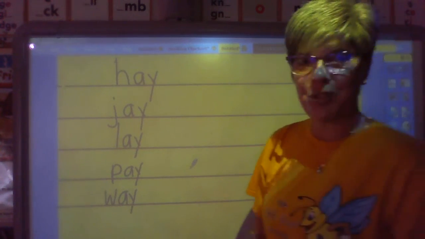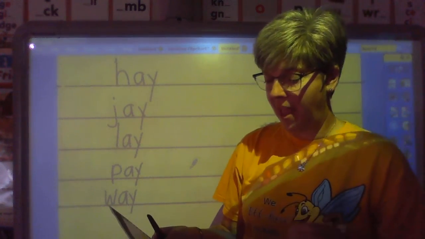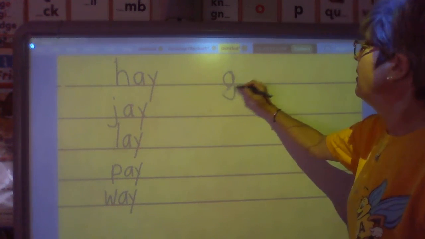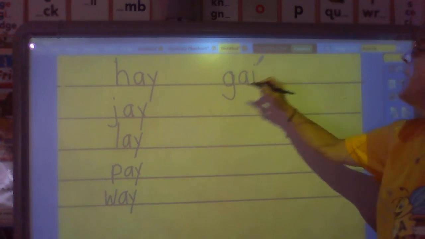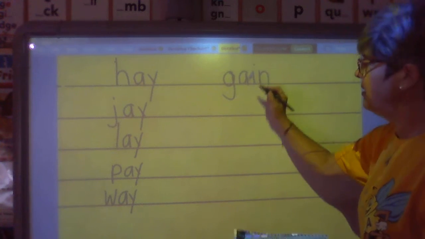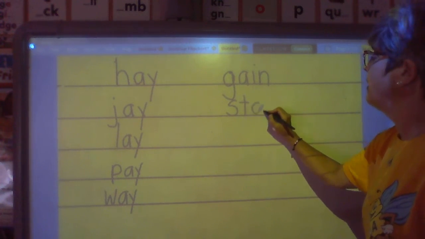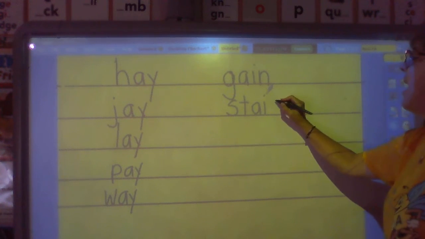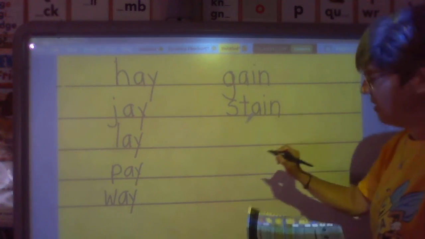Okay, good job. Let's do another word family. This one is a word family for the vowel pair AI. So let's take a look. Sound, g, sound, ay. Blend and hold. Gain. Sound, s, sound, t, sound, ay. Blend and hold. Stain.